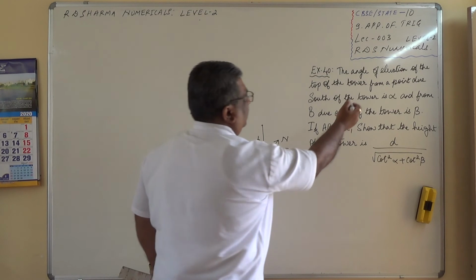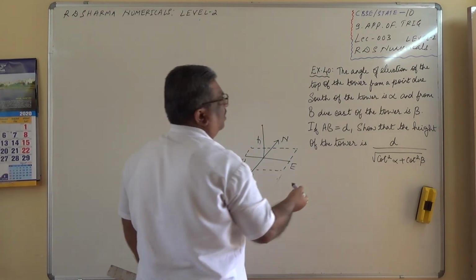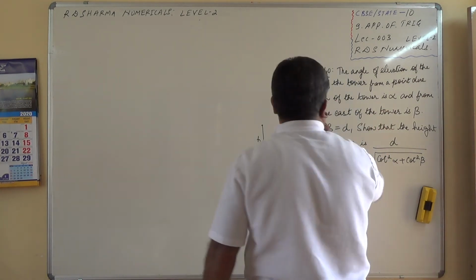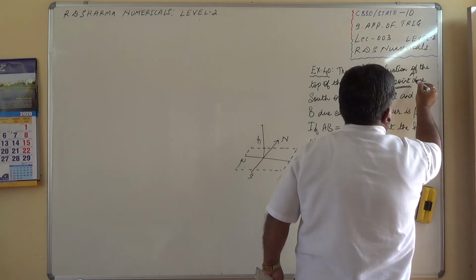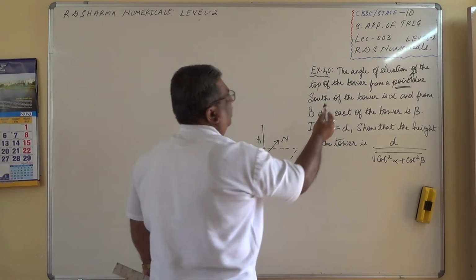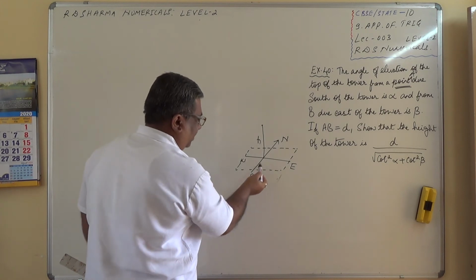Let us consider the angle of elevation of the top of the tower from a point due south, from a point A due south. That means a point due south. Where is south here? Here.